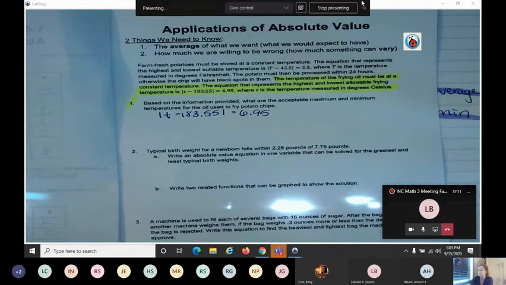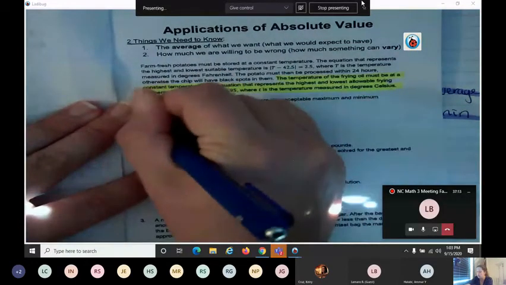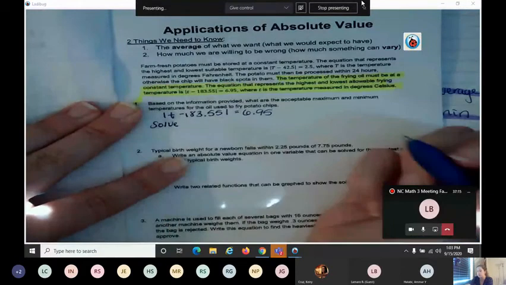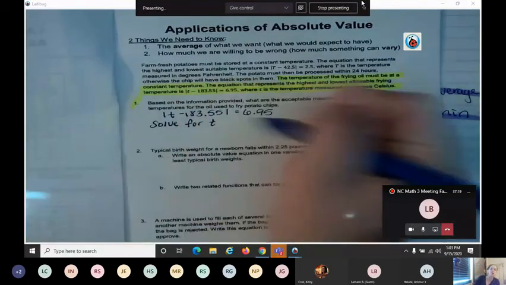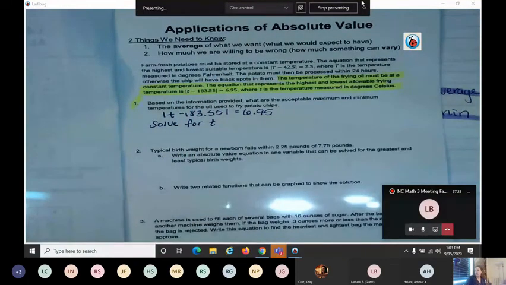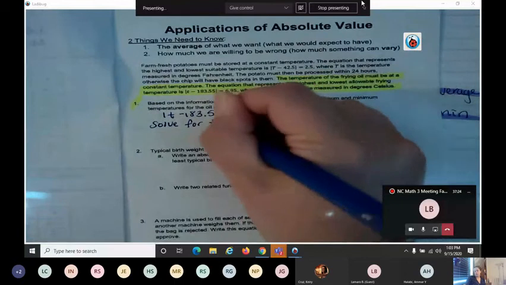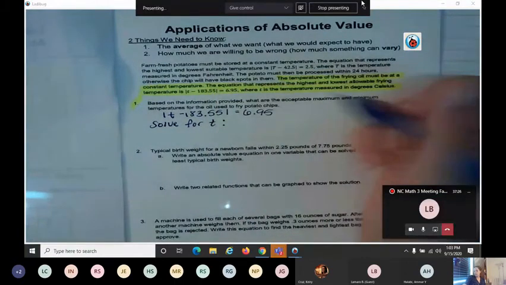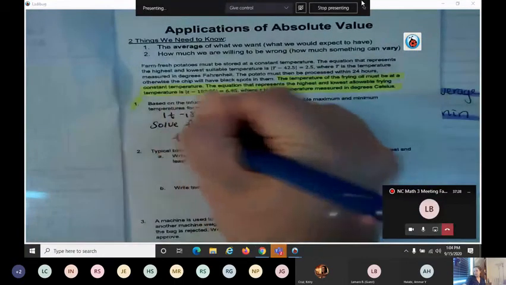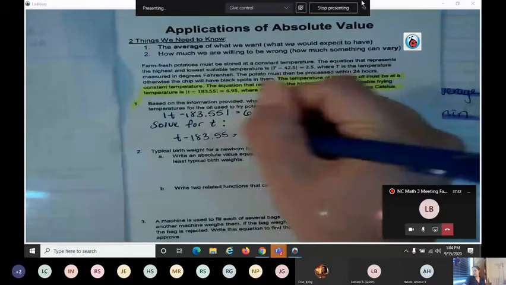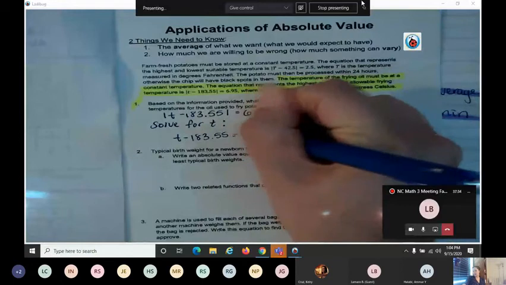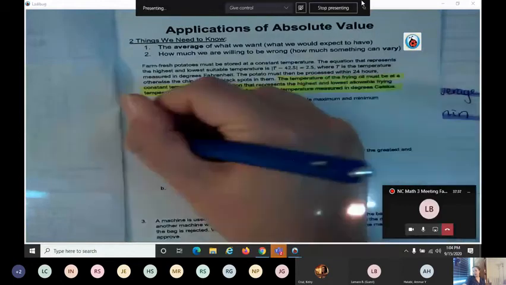Then it asks for our max and our min temperature values. To find this, we solve the absolute value equation for T. Just like we did 2 class periods ago, we had to solve absolute value equations. So I'm going to take T minus 183.55. First, I'm going to set it equal to positive 6.95. This will give me my max value.